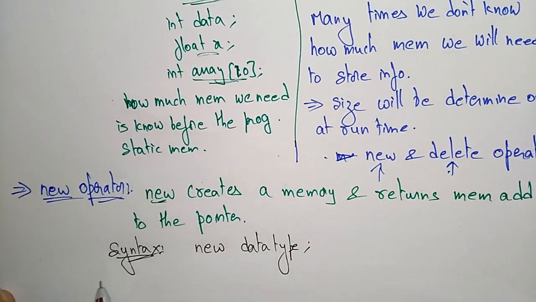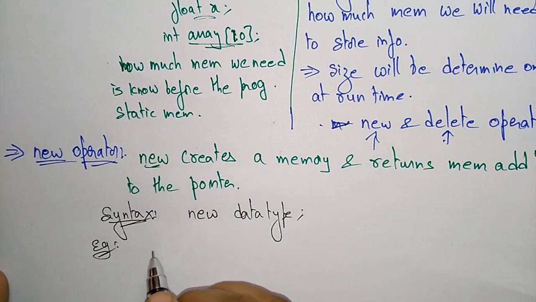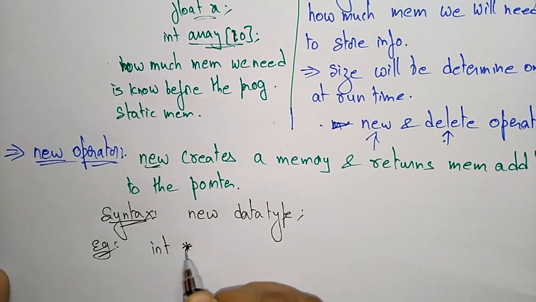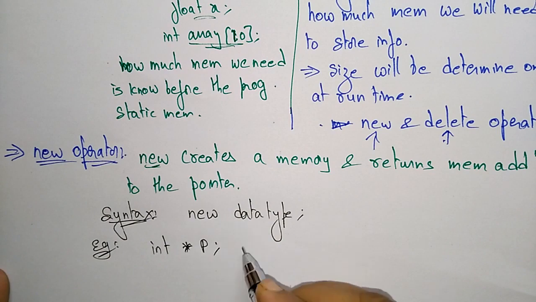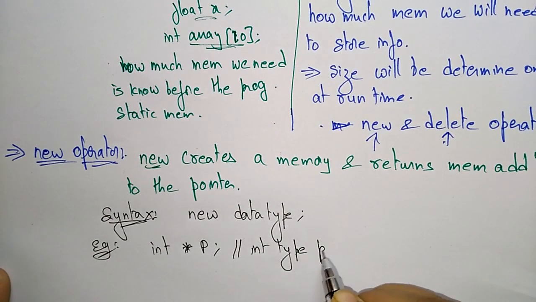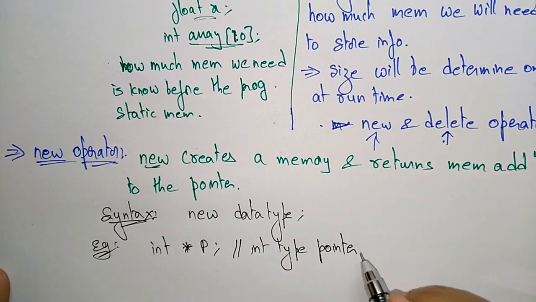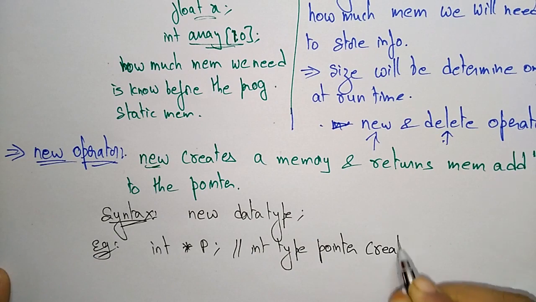Let us see one example of how the memory will be created. int star p. Here an int type pointer is created. Whenever you write int star p, an int type pointer is created. Why is it created?